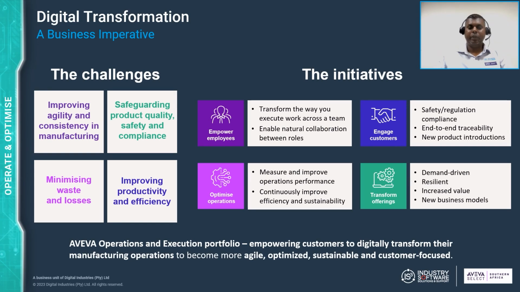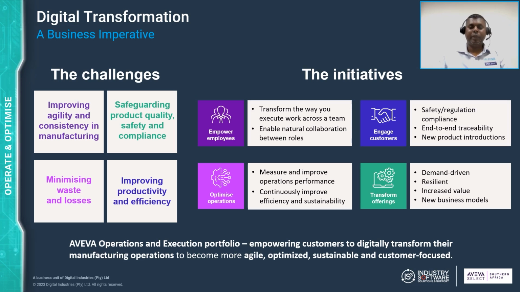On this slide, we look at digital transformation, which is a business imperative. We'll touch on the challenges and the initiatives to counter these. Improving agility and consistency in manufacturing: we need to transform the way you execute work across a team, and enable natural collaboration between roles. Safeguarding product quality, safety, and compliance: we need to implement safety regulation compliance, end-to-end traceability, and new product introductions.